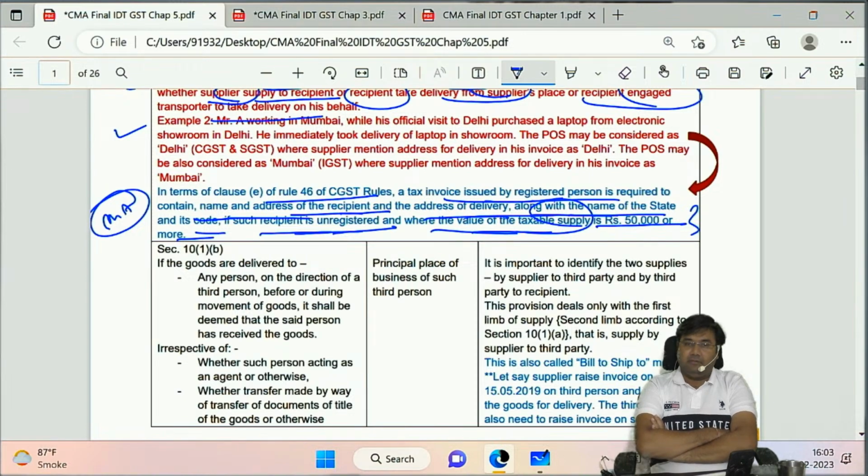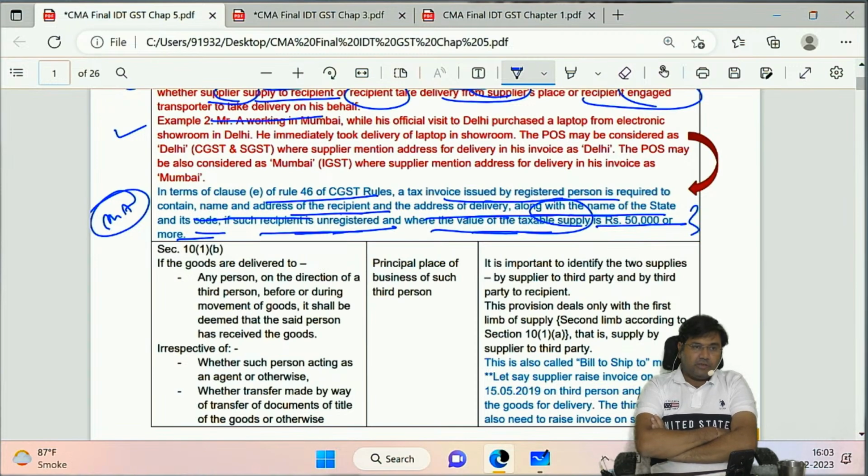But actually, you are bringing that laptop to Chennai. Your residence is in Chennai. You went to Delhi for an official tour. He has not mentioned which location the recipient belongs to. So that's why the place of supply is going to be Delhi.